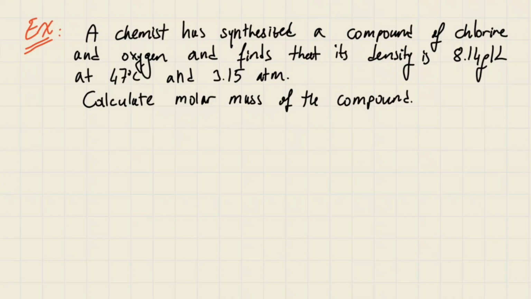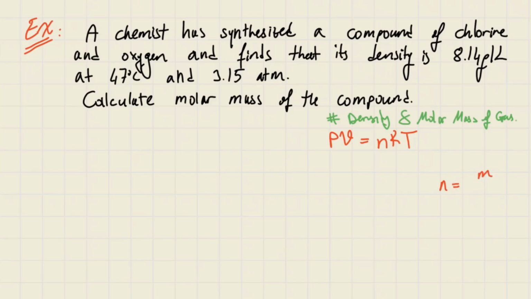So I have to start with the ideal gas law, which is PV equals nRT. So we know that n, which is the mole, is equal to the mass of the gas over its molar mass.